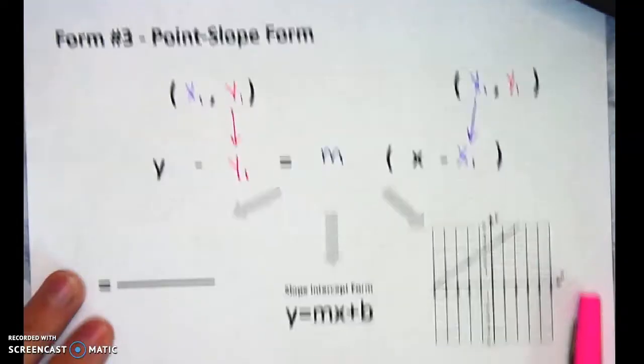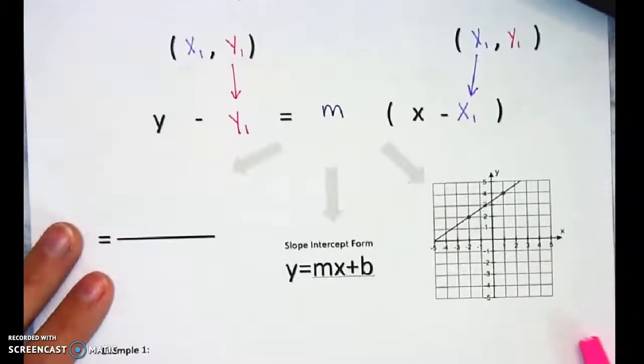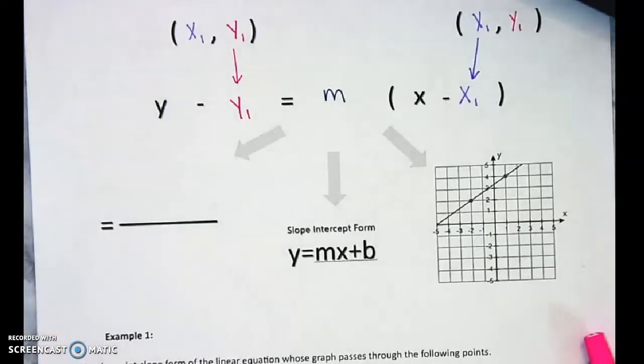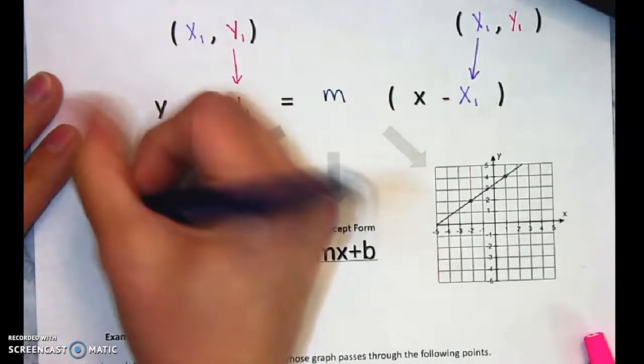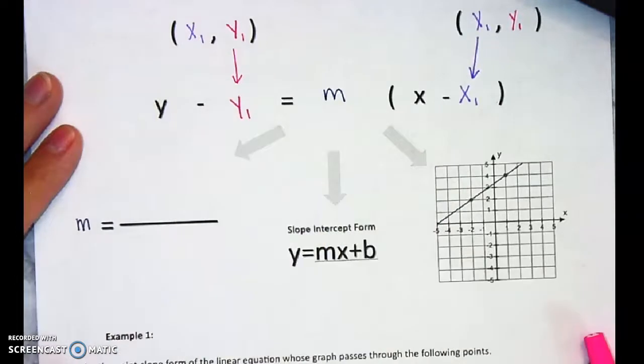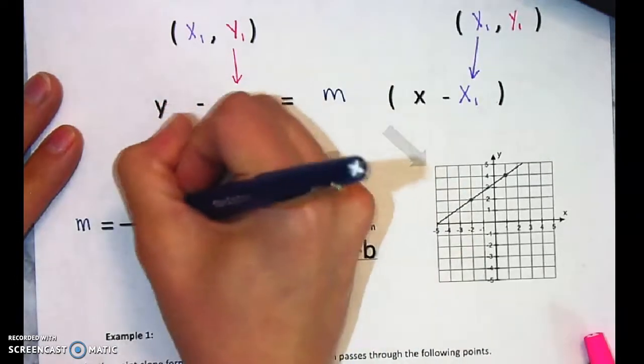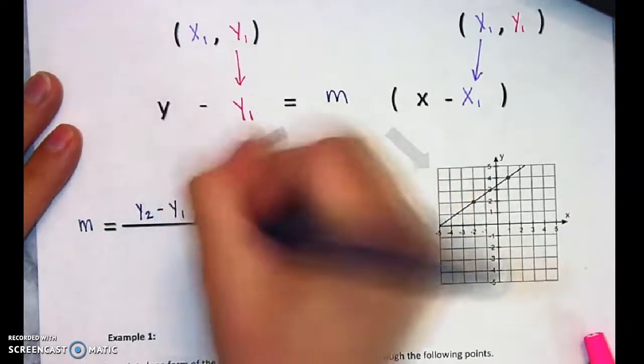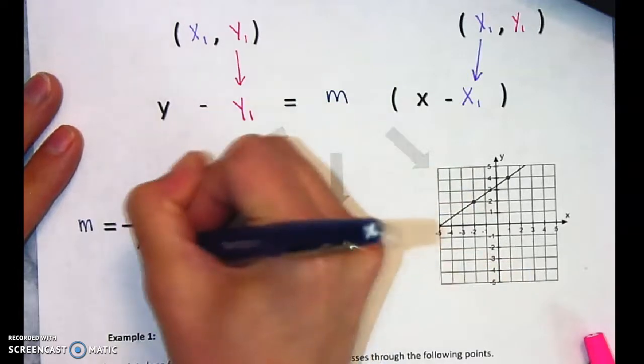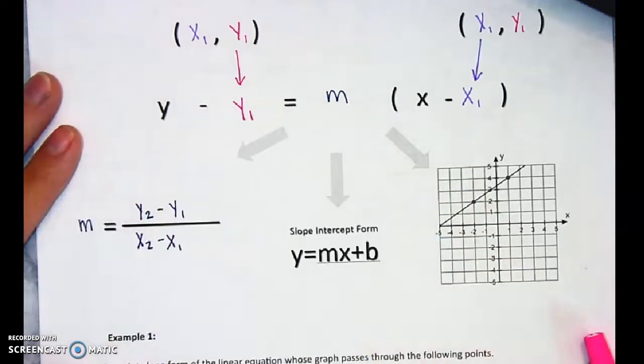For m, just a little bit of review. Know that m is slope, and we can find it in more than 3 different ways. We can just be simply given slope, or we can have the formula for slope, which is m is equal to y2 minus y1 over x2 minus x1.